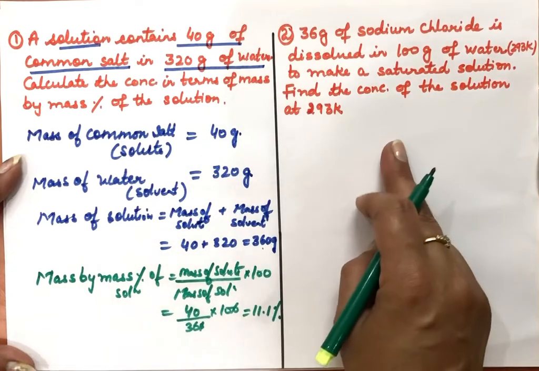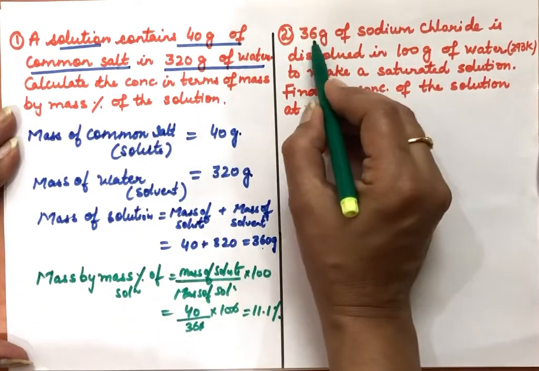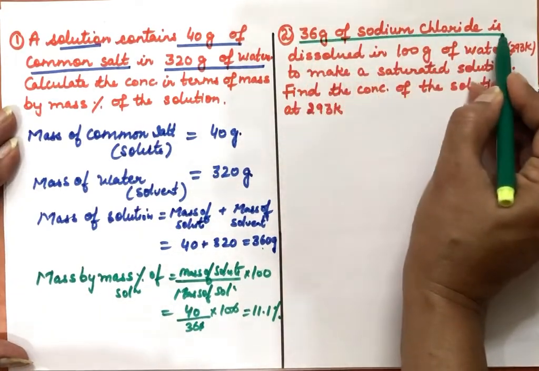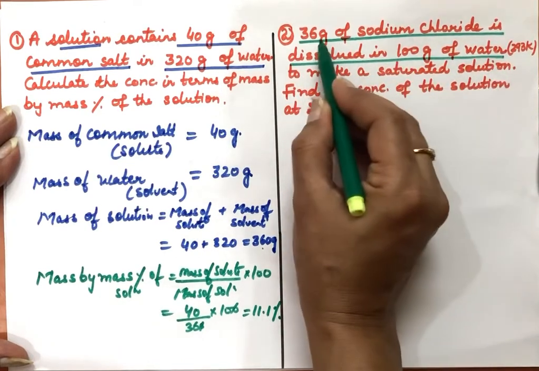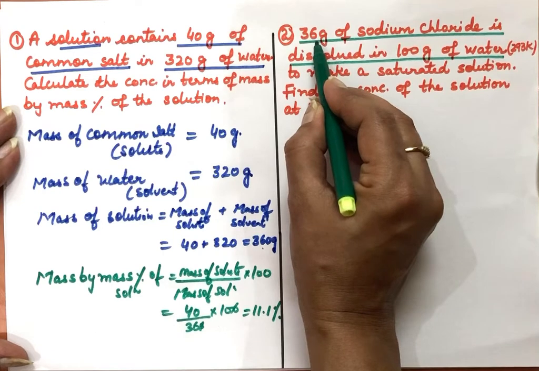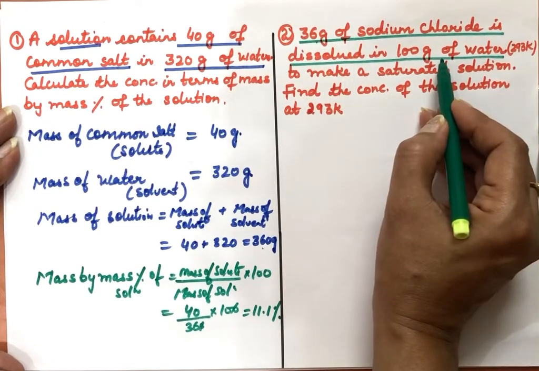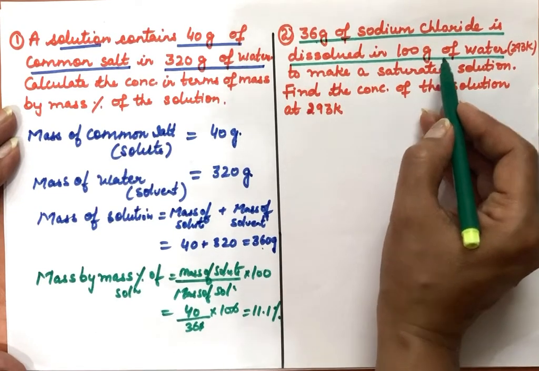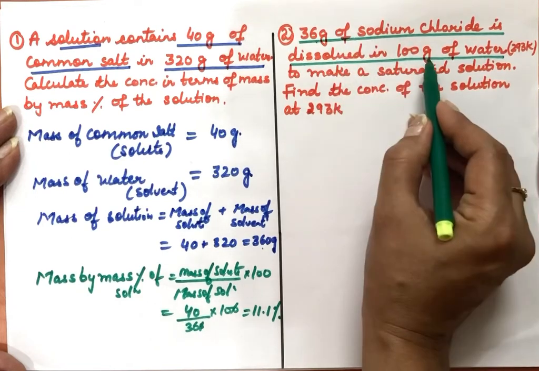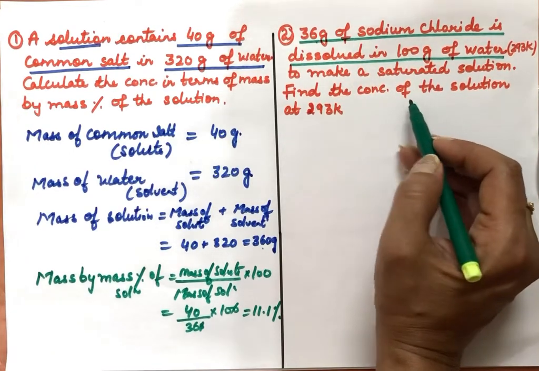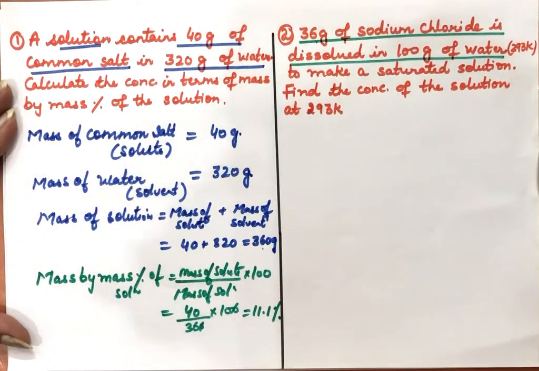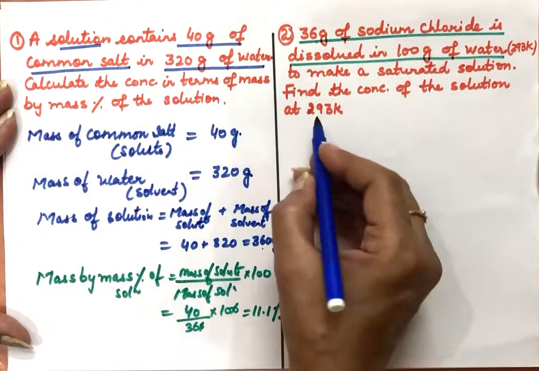So now moving on to the second numerical. 36 gram of sodium chloride is dissolved in 100 gram of water. Now this 36 gram is mass of solute and 100 gram is the mass of the solvent. And after dissolving 36 gram into 100 gram, we have got a saturated solution. Find the concentration of the solution. So same way we have to solve this numerical.